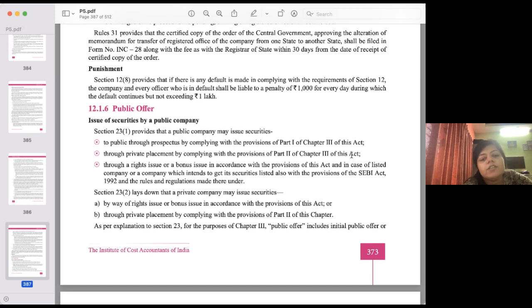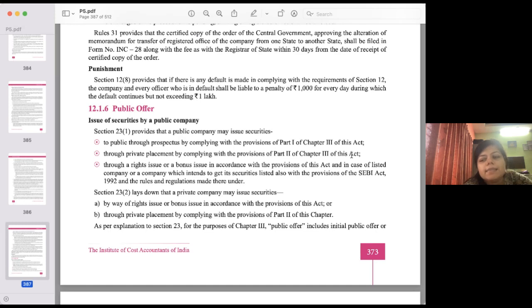What exactly does Section 23 talk about with respect to a public offer? It clearly mentions the issue of securities by a public company. There are many procedures that you have to fulfill in order to issue shares for a public company. One of the first is that you have to issue a prospectus.